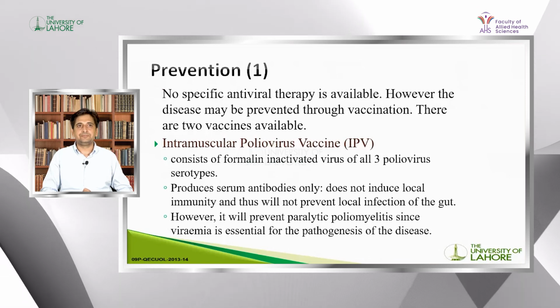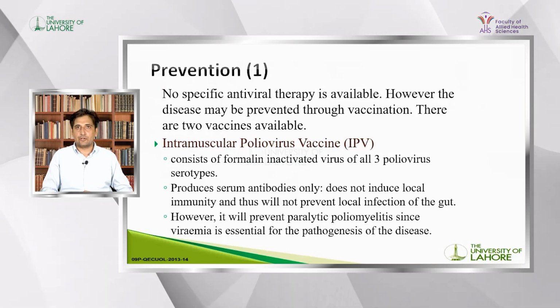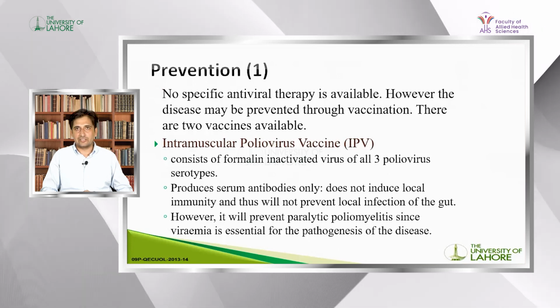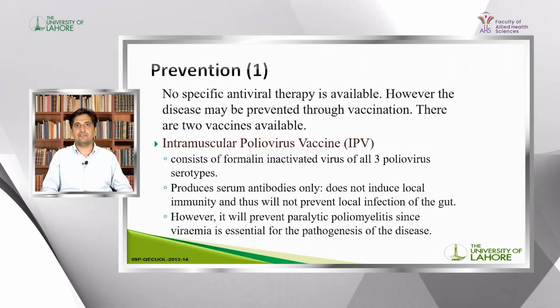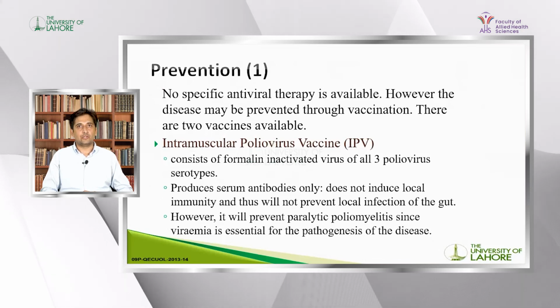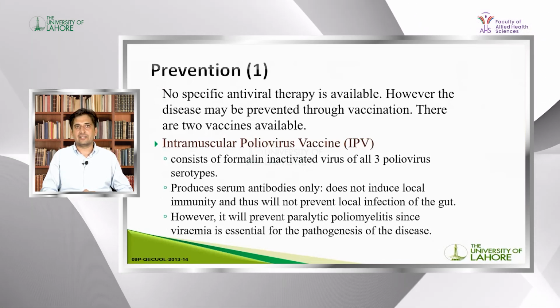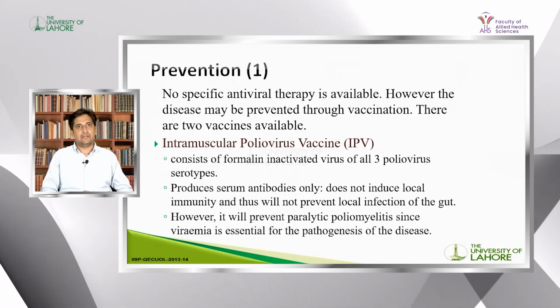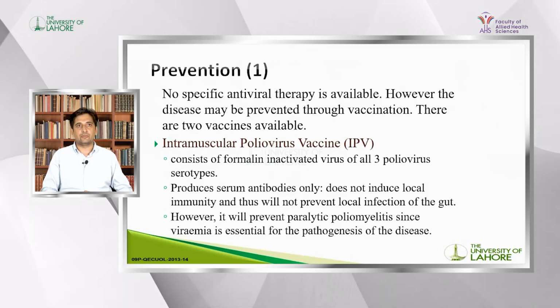The IPV produces serum antibody only. It does not induce local immunity. The immunoglobulin IgA will not be produced, so there is no local immunity in the case of IPV, but there would be a lot of serum protective antibodies.